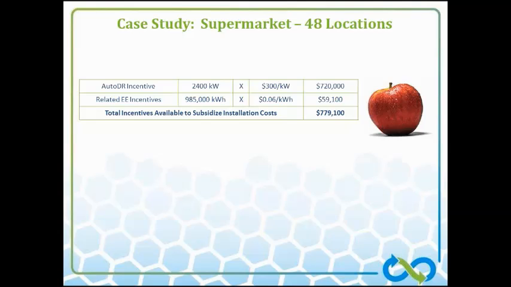This was a case to where not only was the AutoDR incentive tapped, but an energy efficiency incentive by actually using the REGEN system as the way that we put this one together, but by having the ability to schedule rooftop units for when they run and when they don't run, eliminating those off-hour run times of really phantom loads that should not have been running in the first place. Capturing another $59,000 in reserved incentives for a total of $779,000.